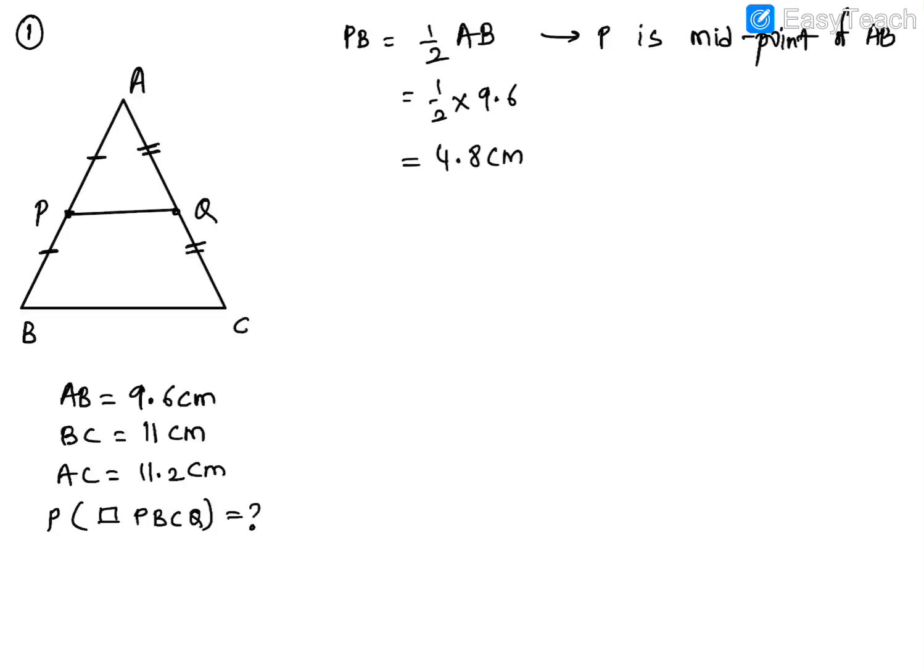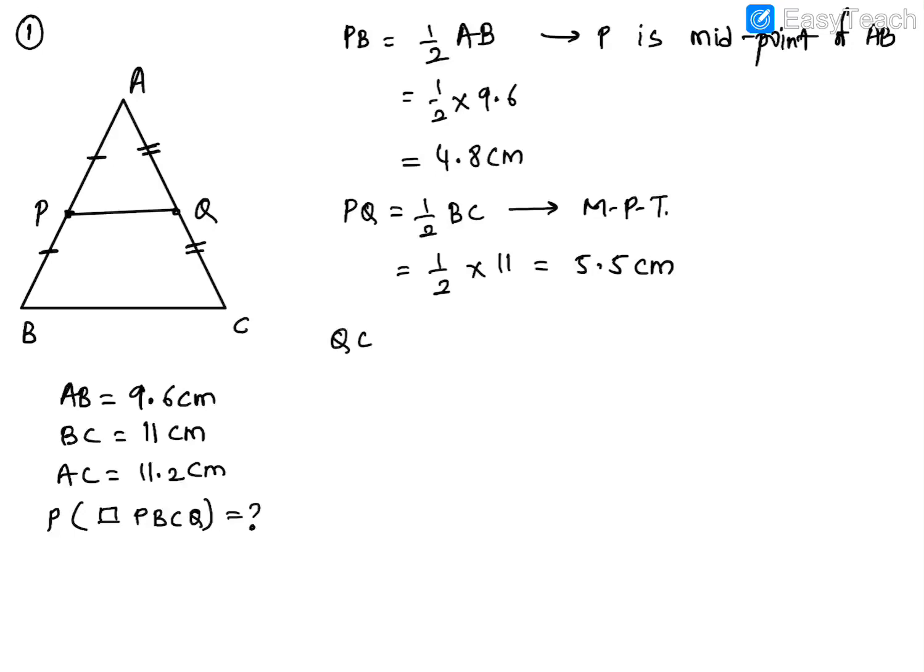Now I need to find out PQ. PQ is equal to half of BC. What is the reason for this now? Because of the midpoint theorem. Okay, I'm writing MPT for now, but you have to write the whole statement in the exams. So it will be half of BC, that is 11, which is 5.5 centimeter.